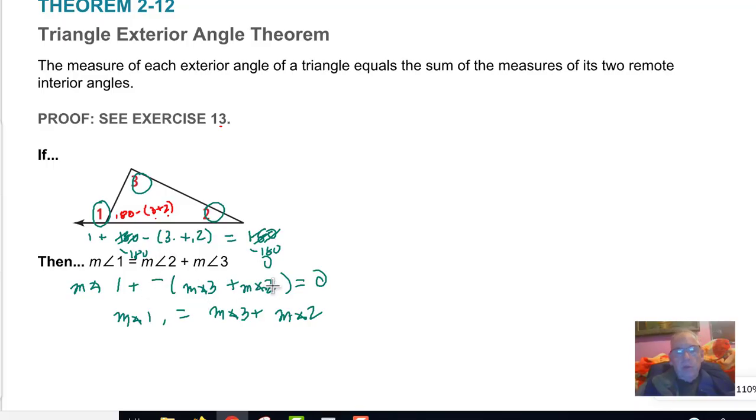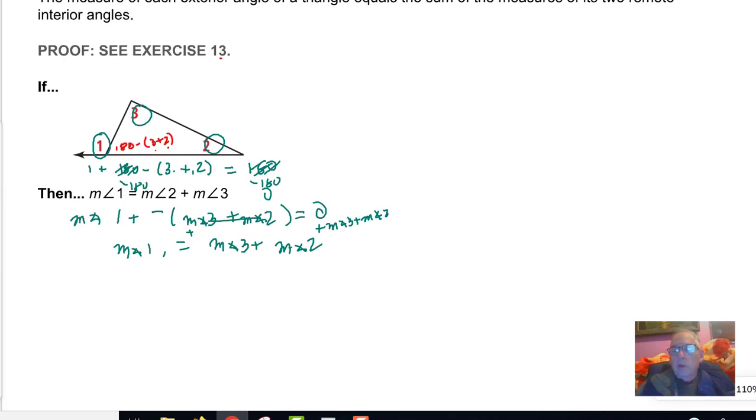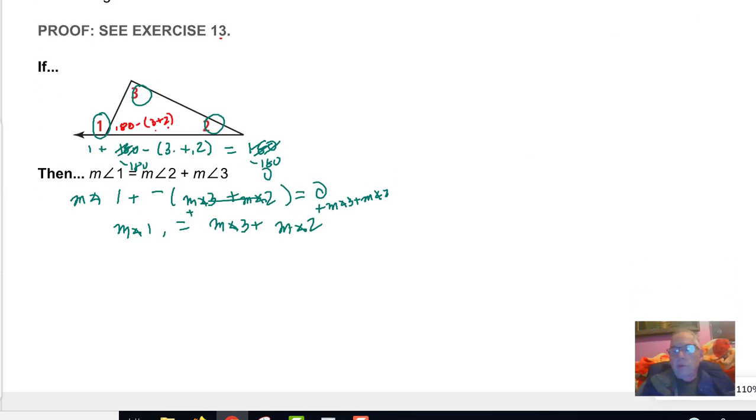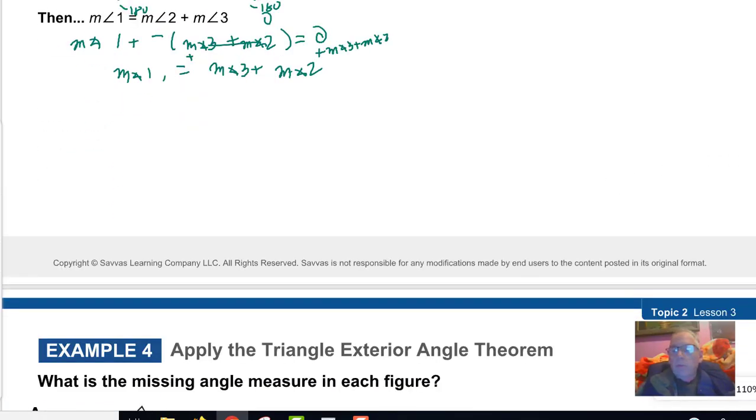Add measure angle 3, measure angle 2 to both sides, which cancels these out here and moves them over there. We end up with 1 equal to 3 plus 2. So that's the argument or demonstration that goes with this theorem. Let's move on.